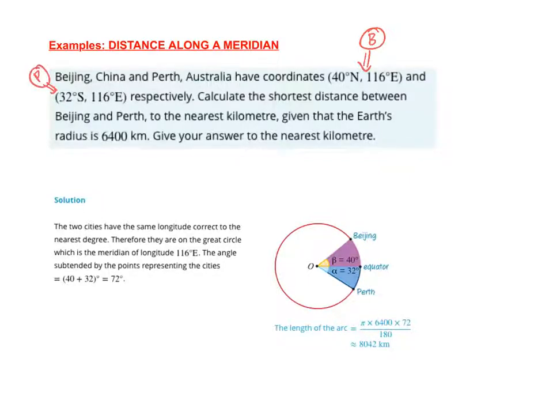Calculate the shortest distance between them. Can you see that they always give you one that's the same? This east is the same. So they're on the same longitude.